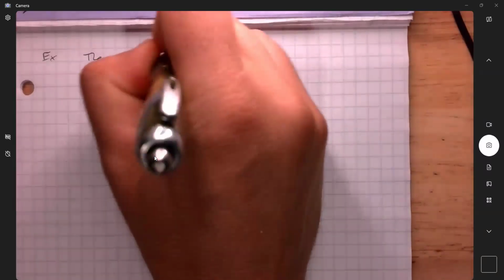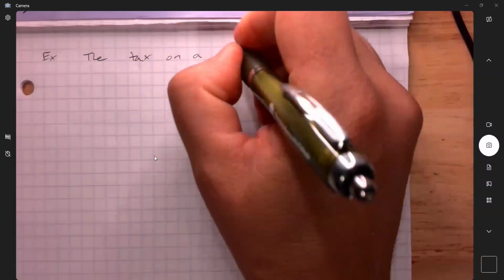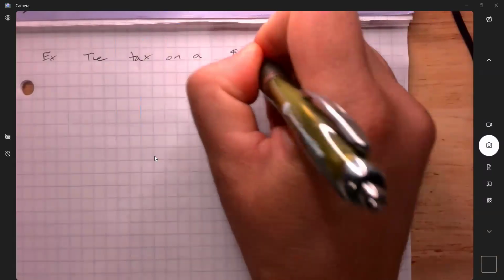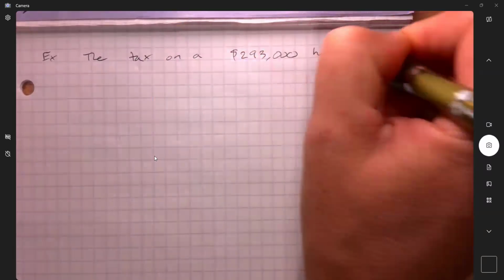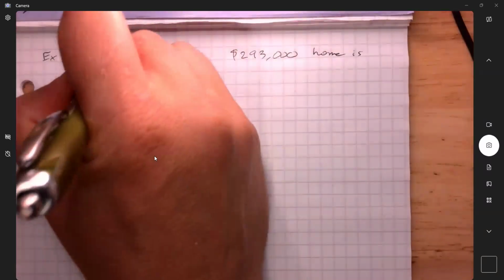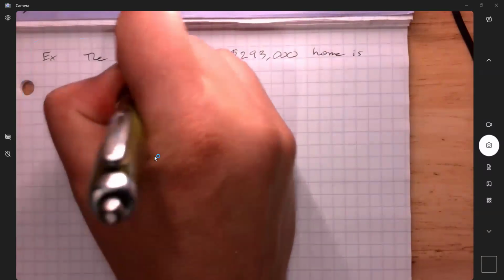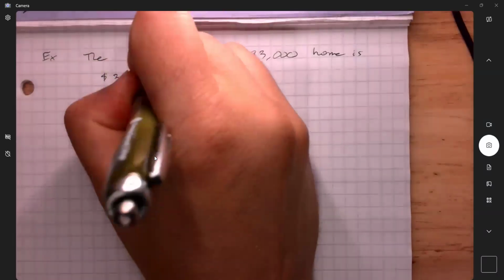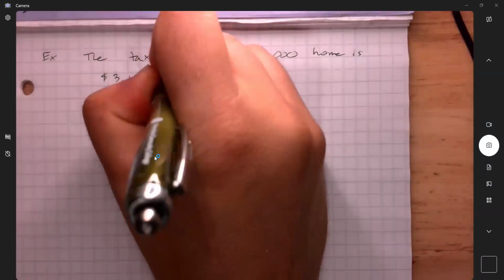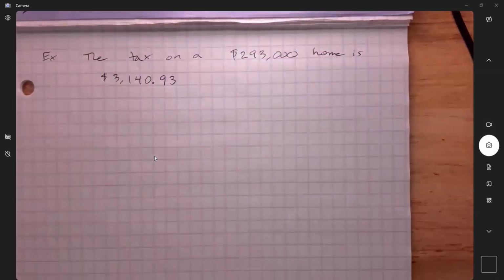The tax on a, let's say, $293,000 home is $3,140.93. Now I'm picking numbers that probably aren't going to work out super nice because that's life. Sometimes the numbers don't work out super nice. In fact, because county assessors are really picky, they'll go down to the penny.